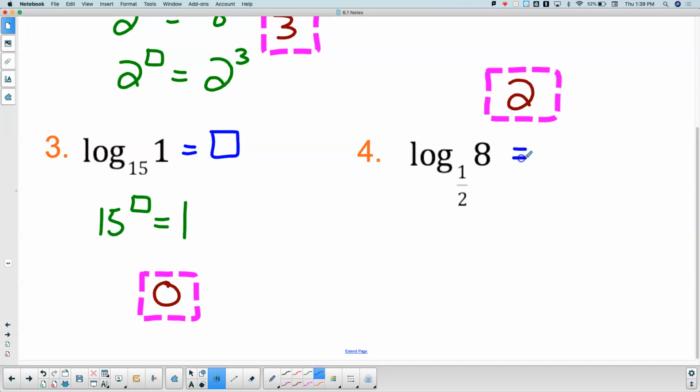Number 4, what exponent do I have to put onto 1/2 to get 8? Anybody?